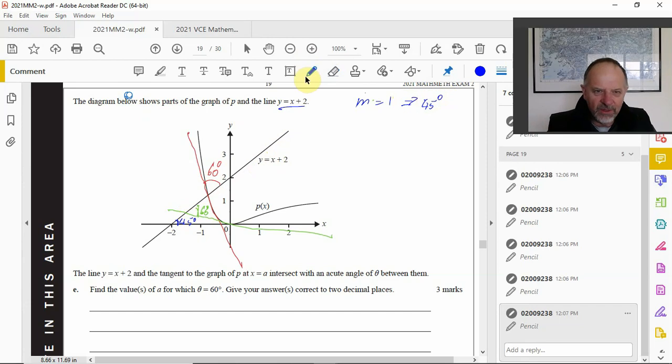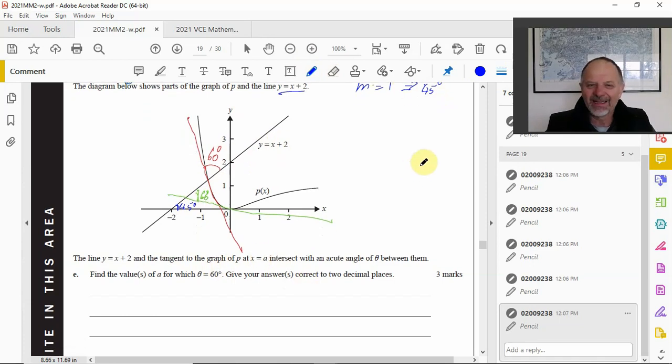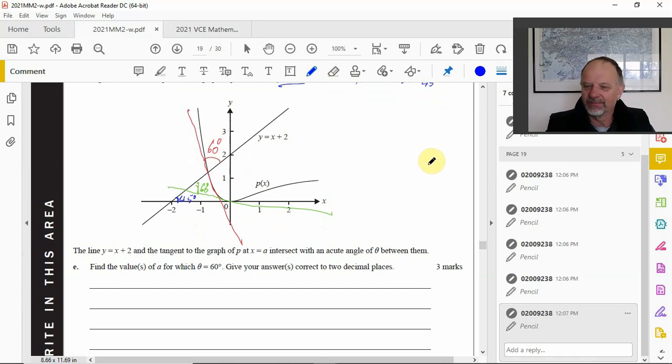All right, so let's have a look. Find the values for A, where theta equals 60, give your answers. So they intersect at x equals A. So that's the line and the tangent that are intersecting.